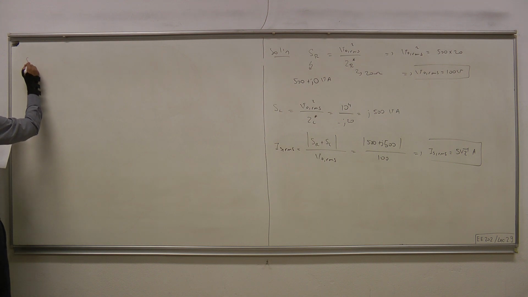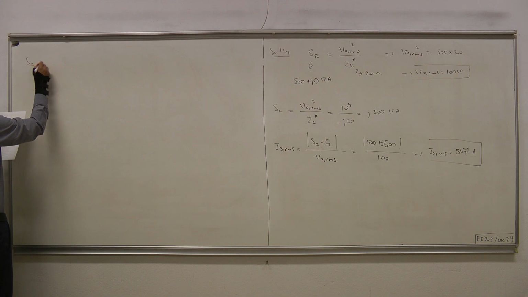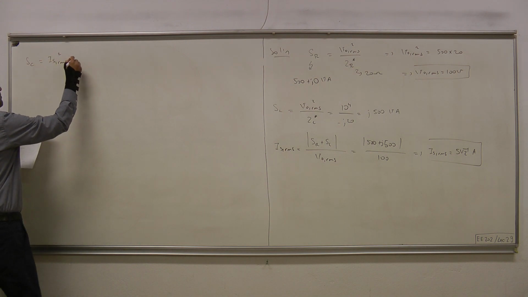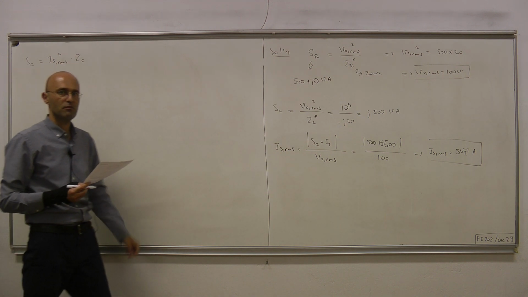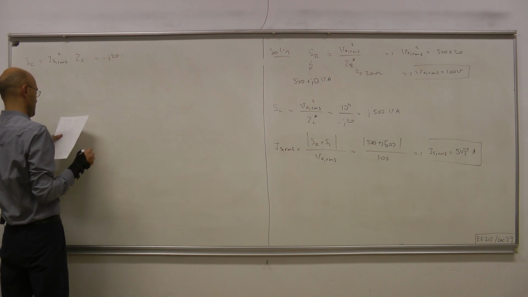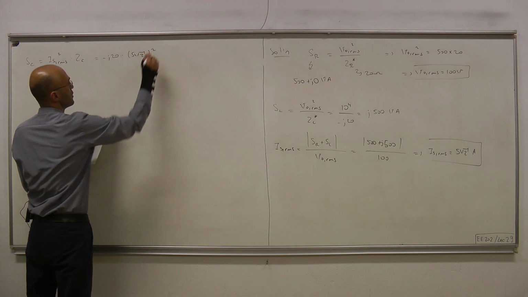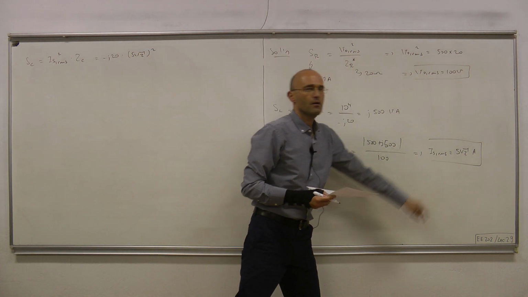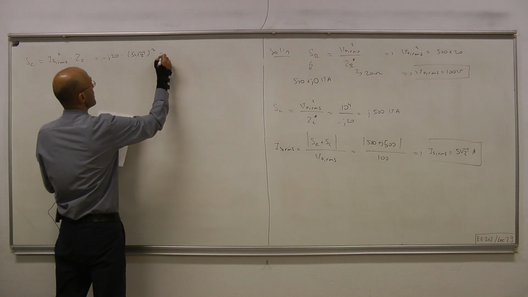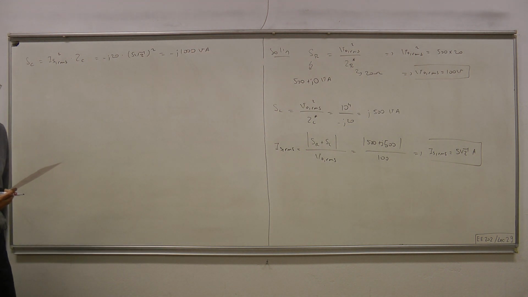Okay, now SC, the complex power of the capacitor, equals IS RMS square times the impedance of the capacitor, which is minus J20, times 5 square root of 2 squared, because IS RMS was computed in the previous step. And that produces minus J1000 volt amps. So that's SC.